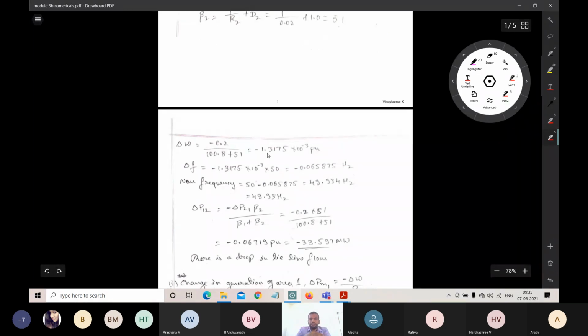We need to convert that into hertz, so just multiply with 50. So we got minus 0.065 hertz. So this is the change in frequency.